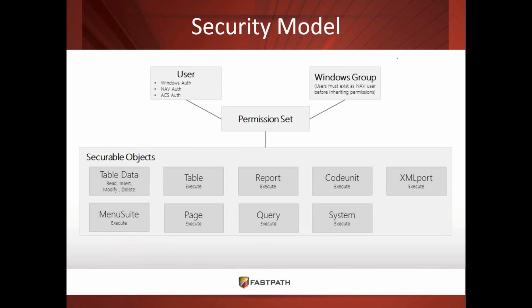You have table data as a securable object, and for the rest that you see there, I put the access types below the actual objects: table, report, codeunit, XMLport, menu suite, page, query, and system. Those are the other securable objects that you have either execute yes or execute no permission to. Table data is the only one that has read, insert, modify, and delete, because that's where your data changes are taking place on that object.